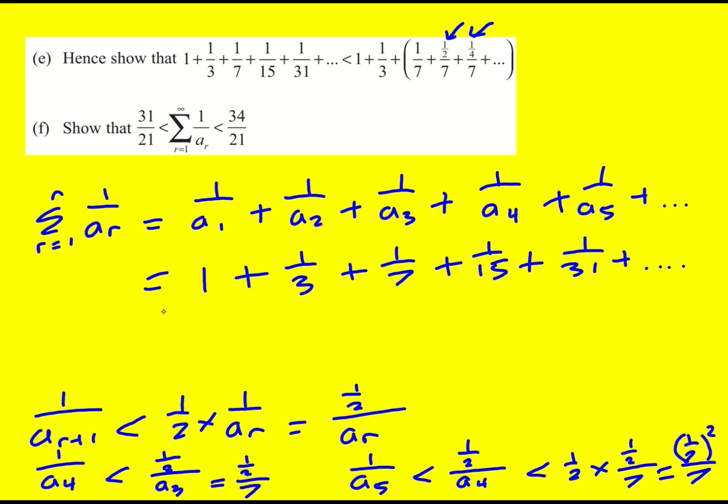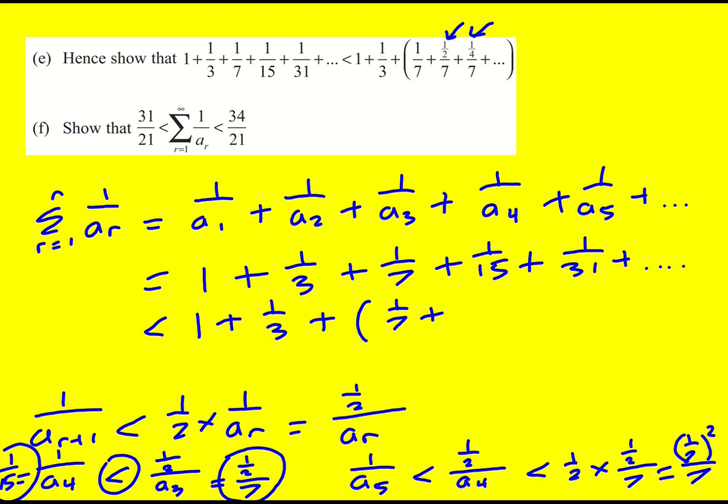And that should be sufficient working to say that this summation here is going to be less than 1 plus a third plus 1 over 7. I've just shown that 1 over 15, because that is what this one is, is less than this.